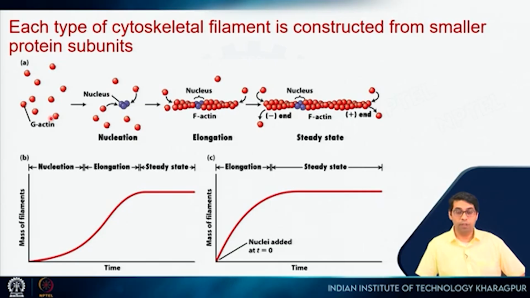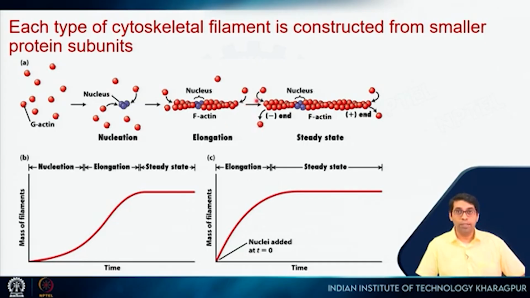So the sequence is immaterial. However, there is no template. So how do you start polymerization? It turns out that several G-actins will come together to form something called a nucleus, right? Once this nucleus is formed, more and more G-actins can come and it will start elongating in both ends.